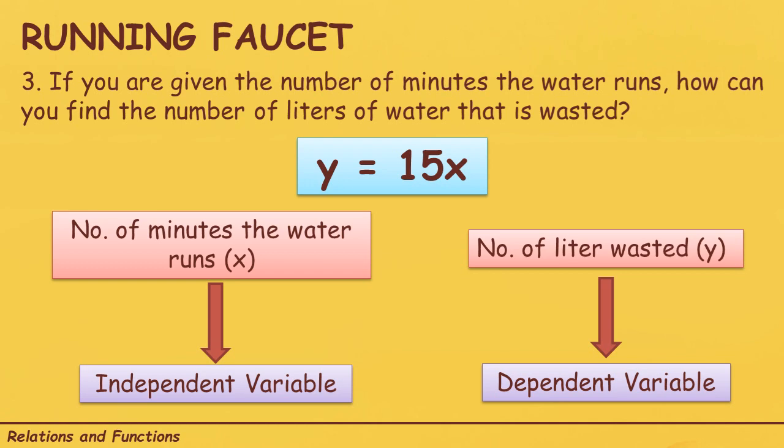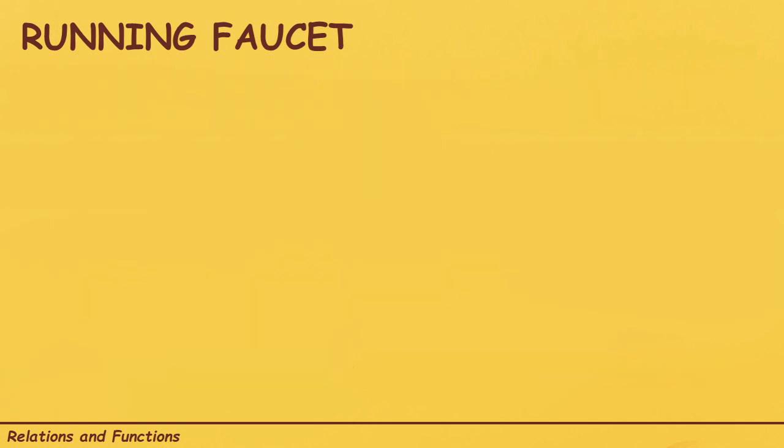We can only know how many liters of water are wasted if the number of minutes the water runs is given. This means y depends on x, which is the independent variable.